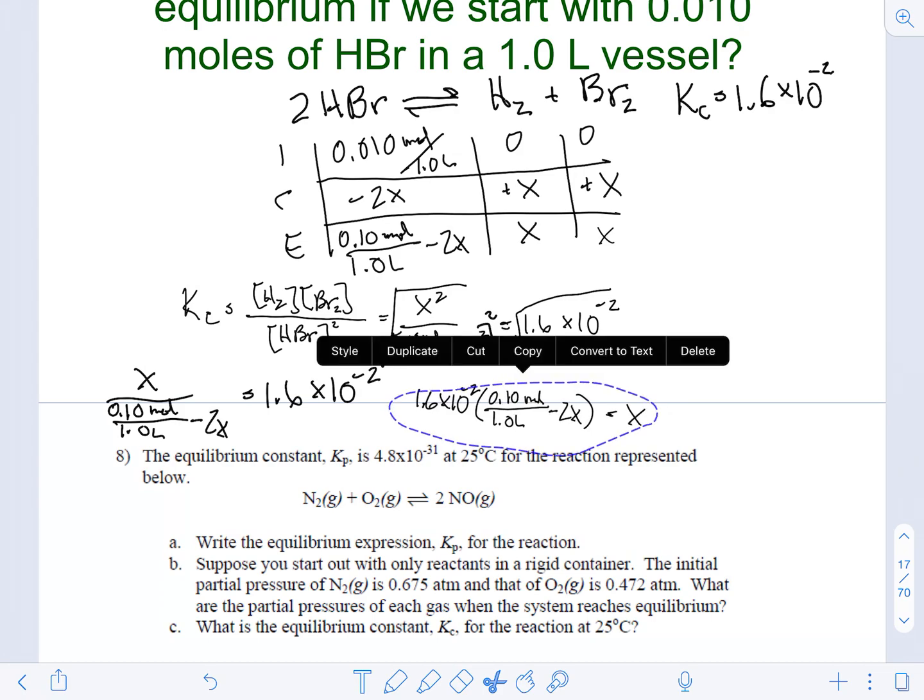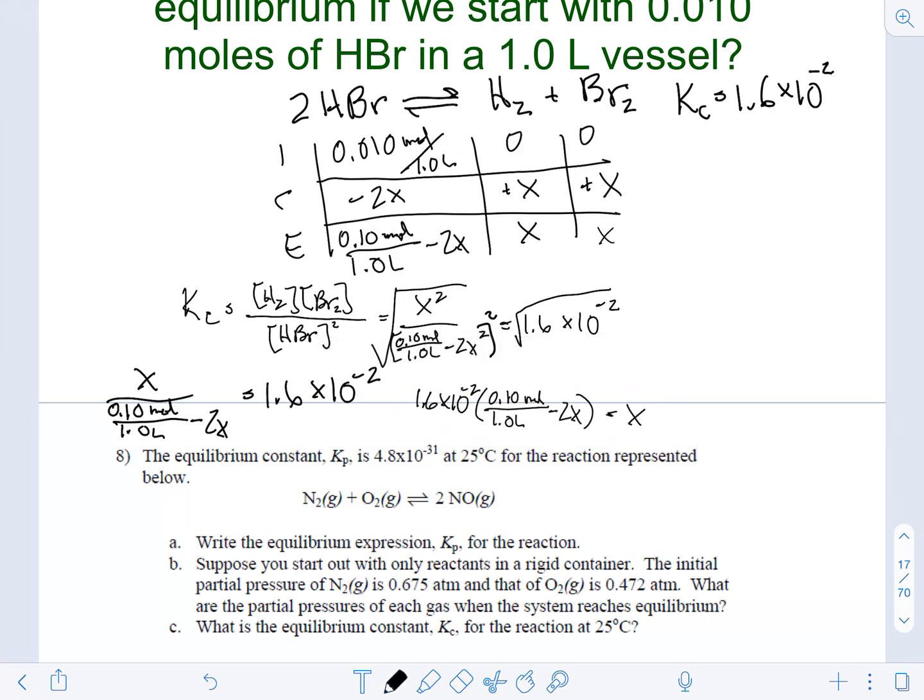Sorry, I'm running out of room here. I got to make this a little bit smaller. Okay, so I want to take 1.6 times 10 to the negative second, and I want to multiply it by 0.1, and I'm going to make this molarity minus 2x, and that is equal to x.